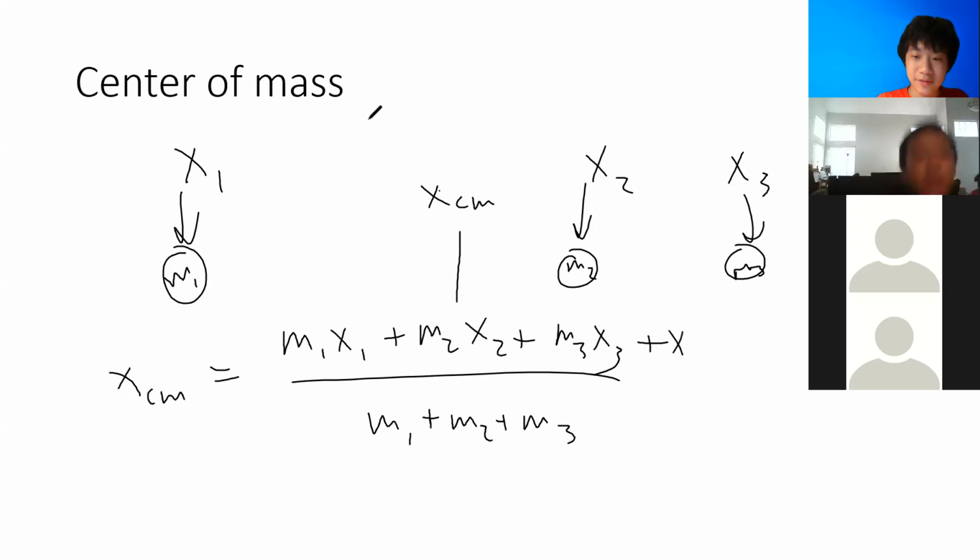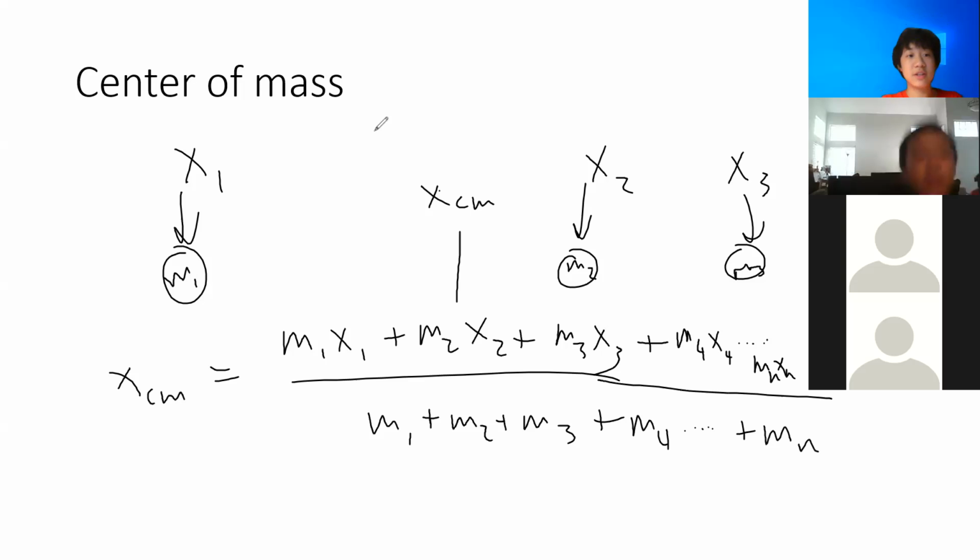We can add an m4x4, and dot dot dot mnxn. We just need to divide through by the total mass in the end. So this is the formula for the position of the center of mass. I would advise you guys to write this down in a notebook or somewhere. So this is the formula for where the center of mass is going to be.